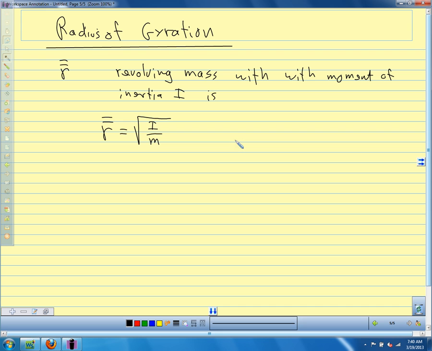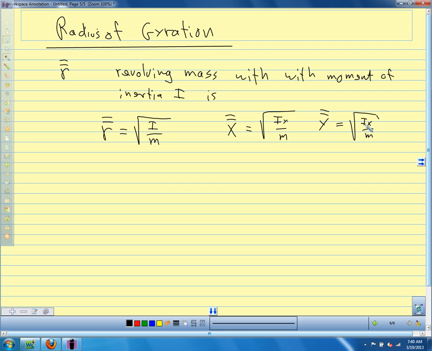So if it asks for the coordinates of the radius of gyration, we would say that the x coordinate is I sub y over m, and the y coordinate is I sub x over m.